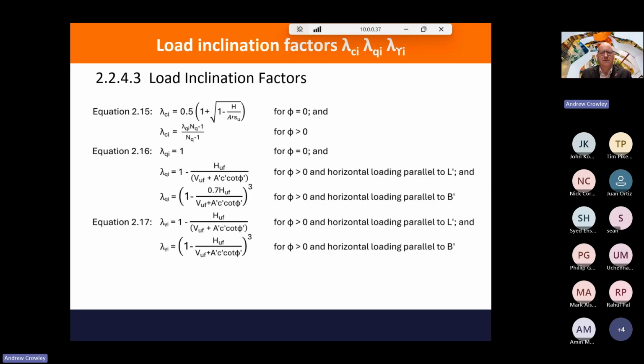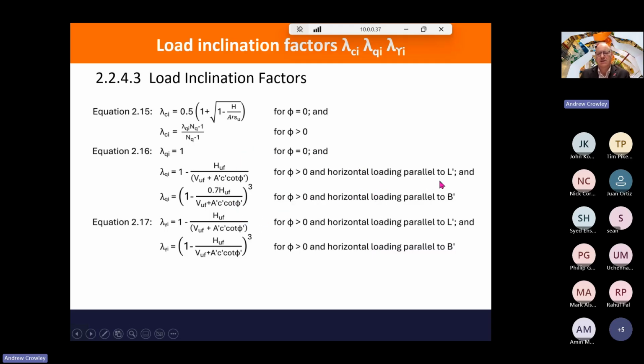The load inclination factors, so even if you think you're applying vertical and horizontal loads, the resultant force is going to be on the incline. So therefore you need to calculate these load inclination factors, lambda CI, lambda QI, and lambda gamma I. And it varies depending on which direction your loading is.